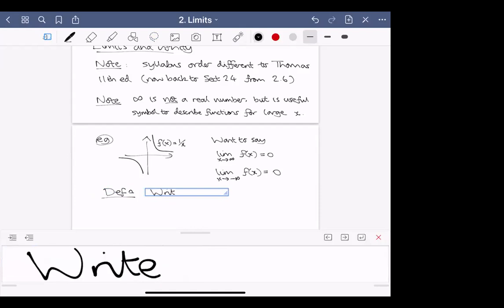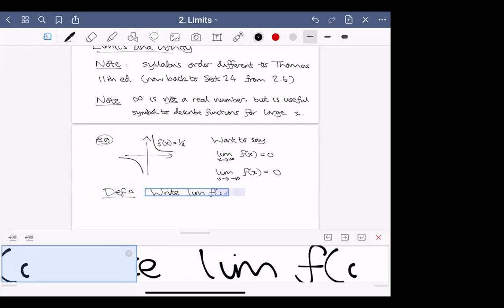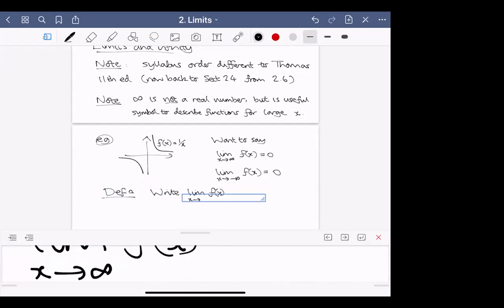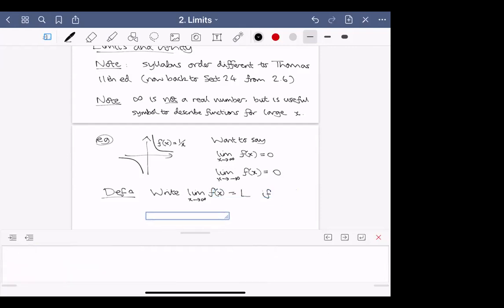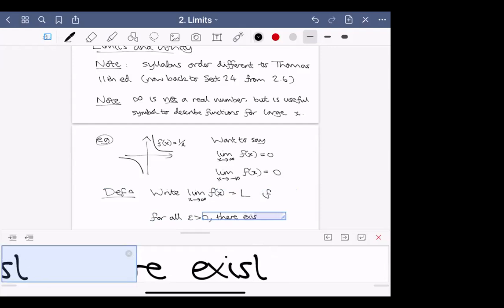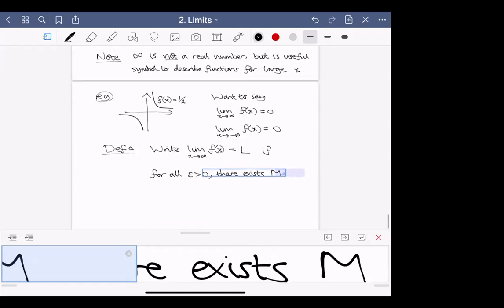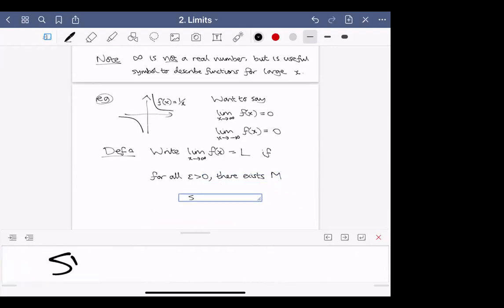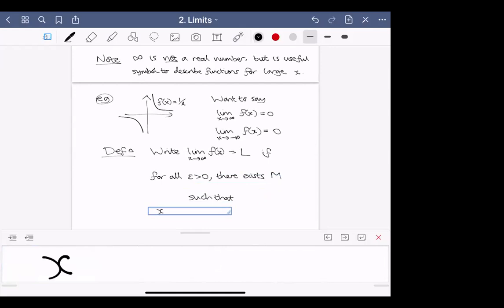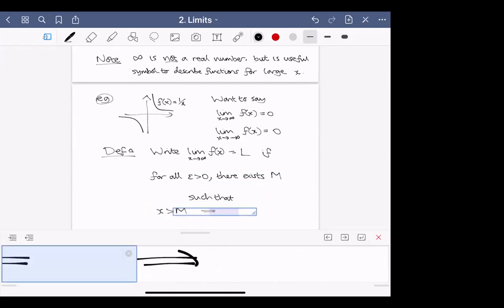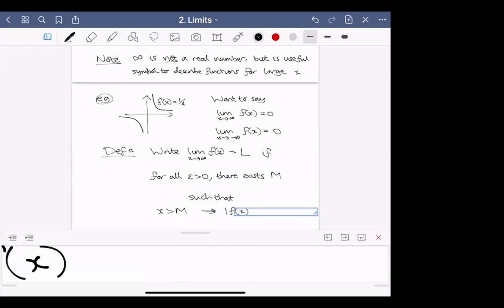So we write that the limit of f(x) as x goes to infinity is L if for all epsilon greater than 0, there exists M such that if x is greater than M, then f(x) is close to L.